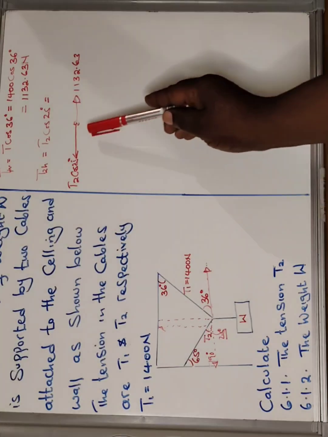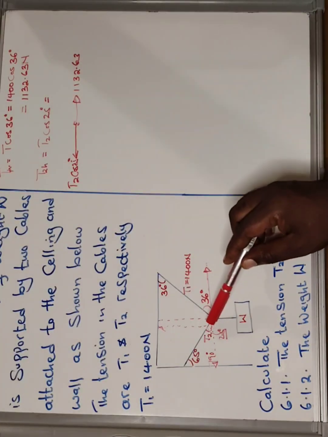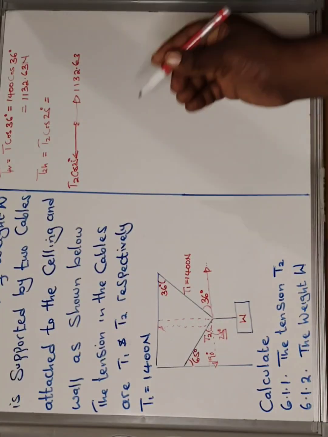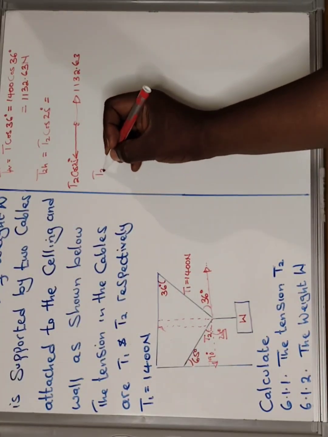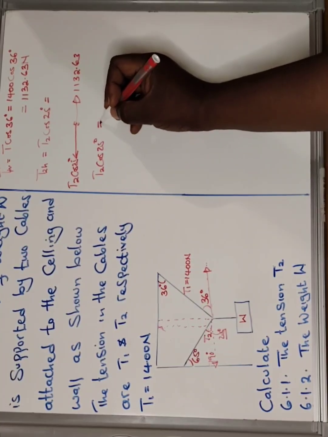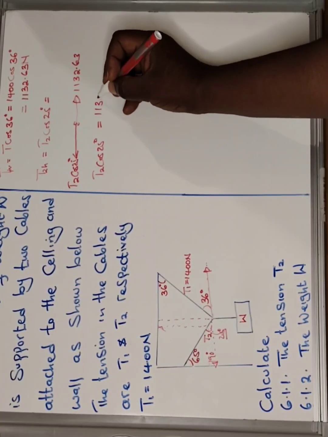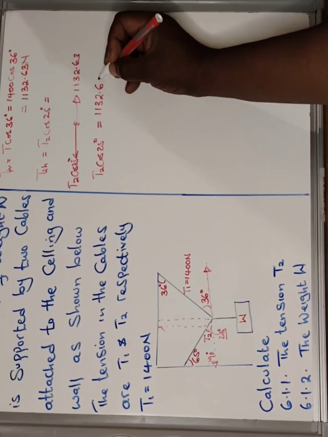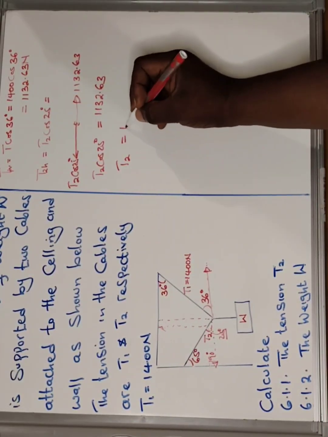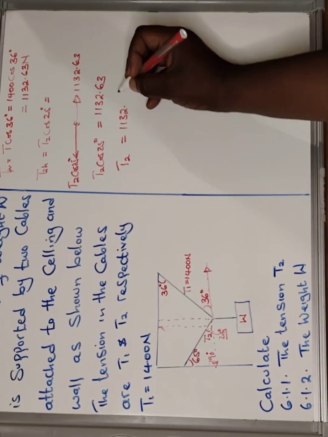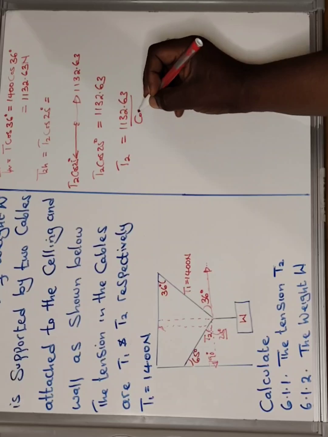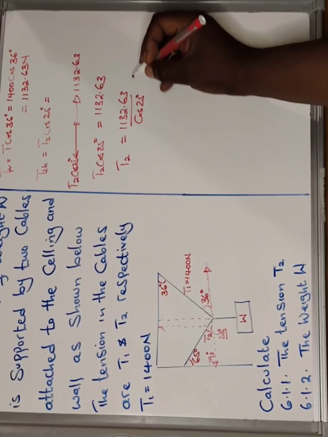That comes up because this point here is not moving. So we have the equation. What's the equation? T2 cos 25 degrees is equal to 1132.63. So we are going to get T2, which is equal to 1132.63 divided by cos 25 degrees.